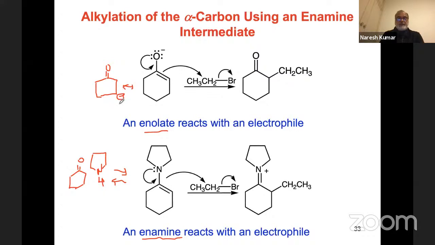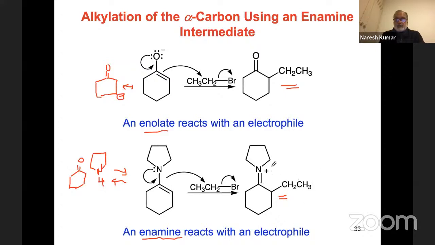The attack of that carbon onto the alkyl halide gives you the corresponding alkyl product. The same chemistry can also be done with an enamine, where the pair of electrons comes around and you can alkylate that alpha position in enamines with an electrophile like an alkyl halide.